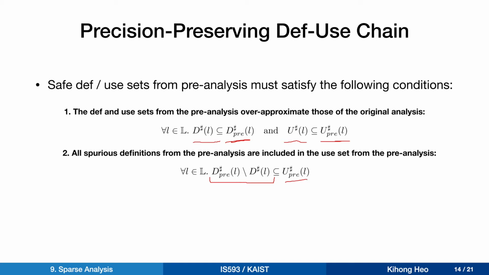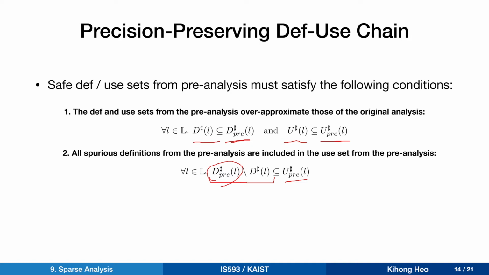Because the pre-analysis is an over-approximation of the main analysis, the approximated def set may contain some spurious memory locations that are not actually defined during the main analysis.